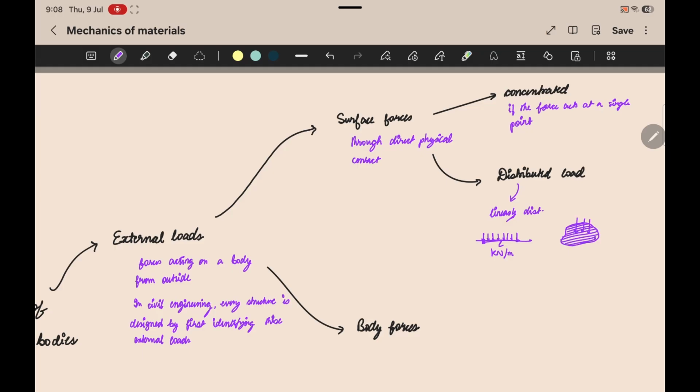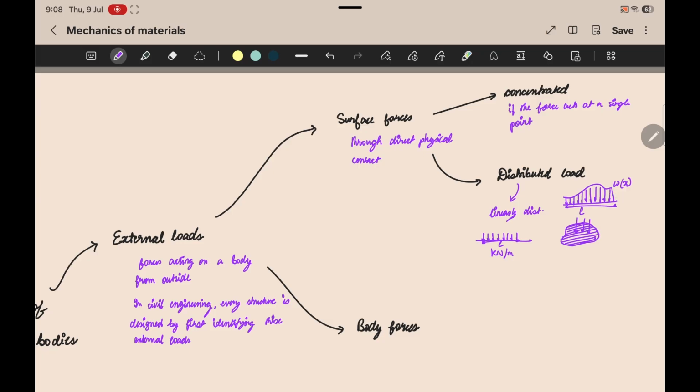Okay, and again, there is no restriction in how these forces could be distributed. Even among linearly distributed load over a length L, the way it is distributed can be referred to as Wx.